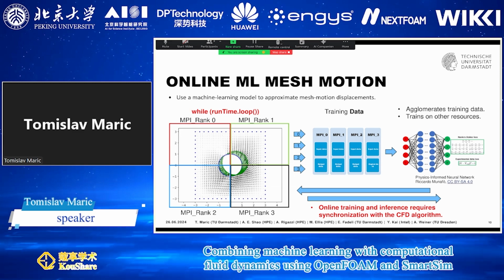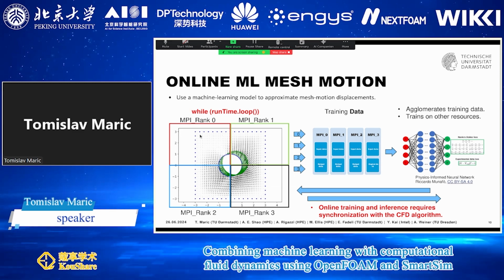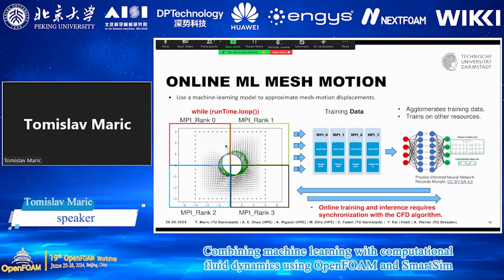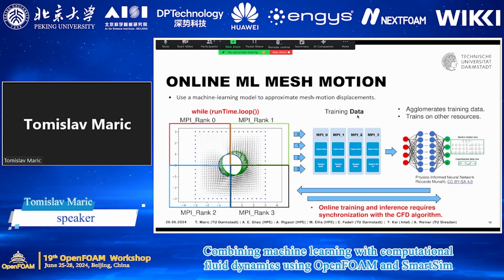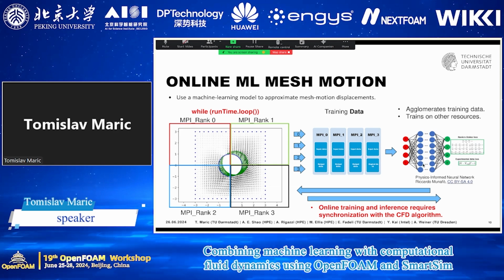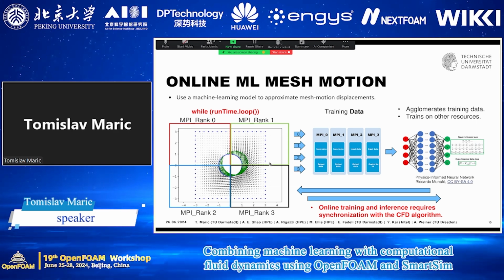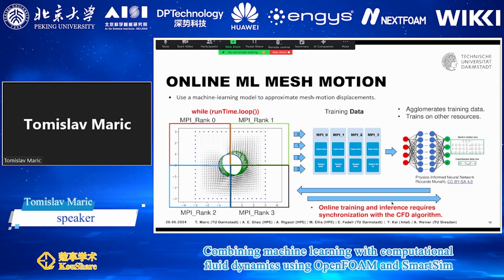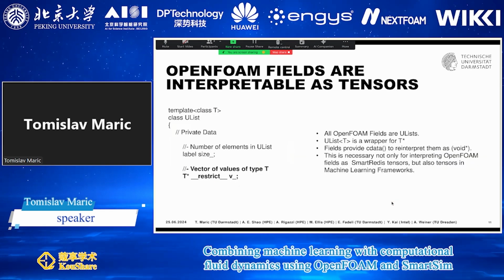I have a domain decomposition, where different MPI ranks are responsible for different subdomains. Each of them is sending training data to SmartRedis. Then in Python, I'm agglomerating this data, training my mesh motion displacements in bulk, and then sending this data back to the solver in an online fashion. Of course, this requires some synchronization with the CFD algorithm.